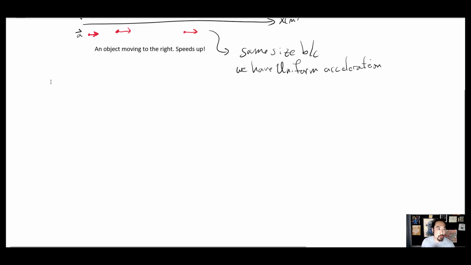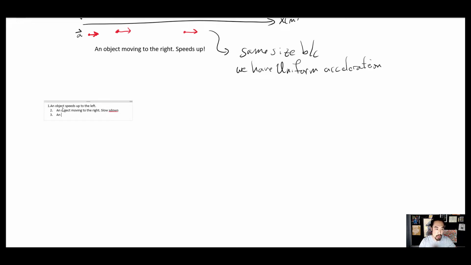Let's write a couple. We can say an object speeds up to the left. This will be scenario 1. Let's do 2: an object moving to the right slows down.